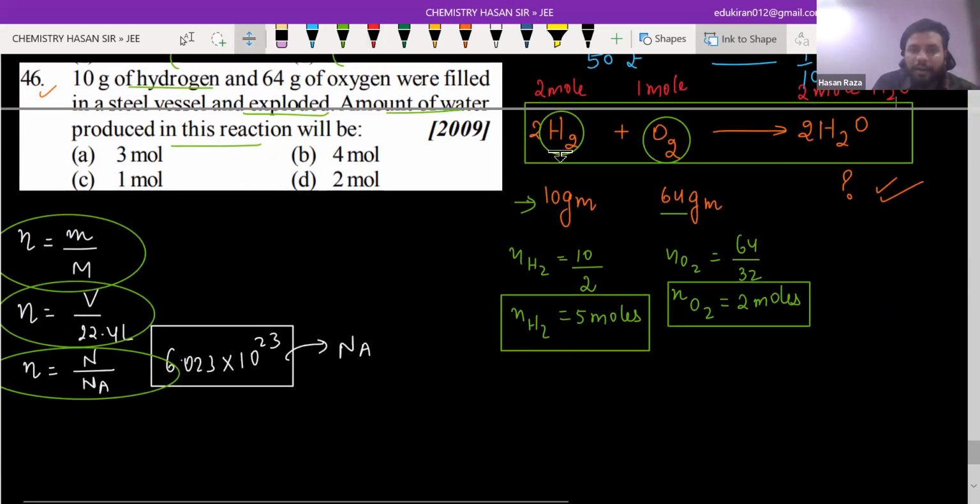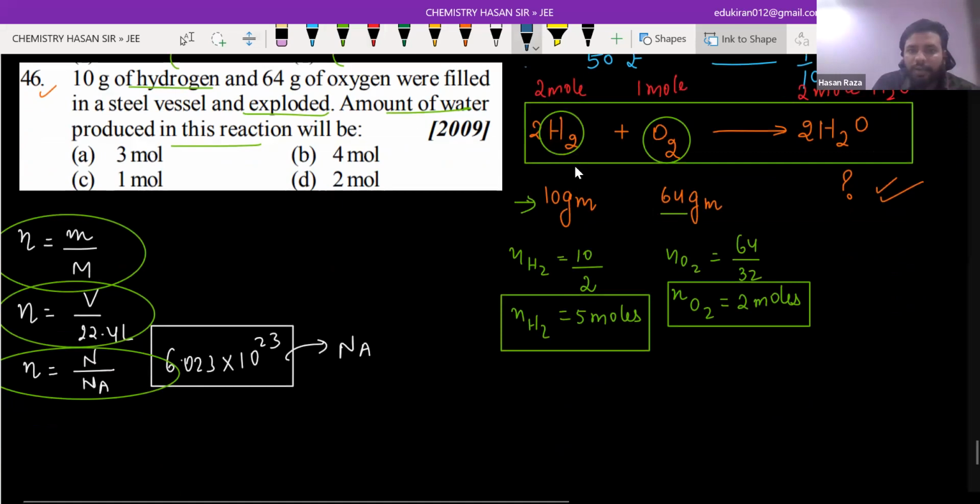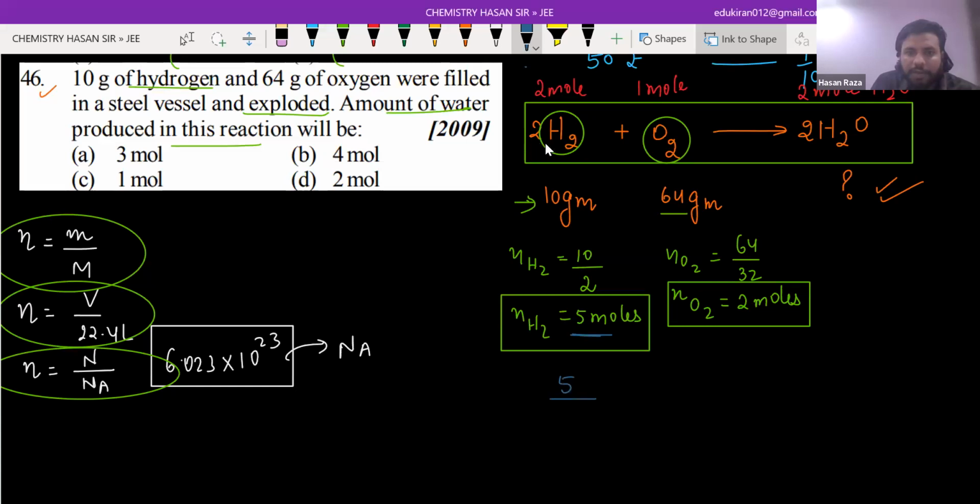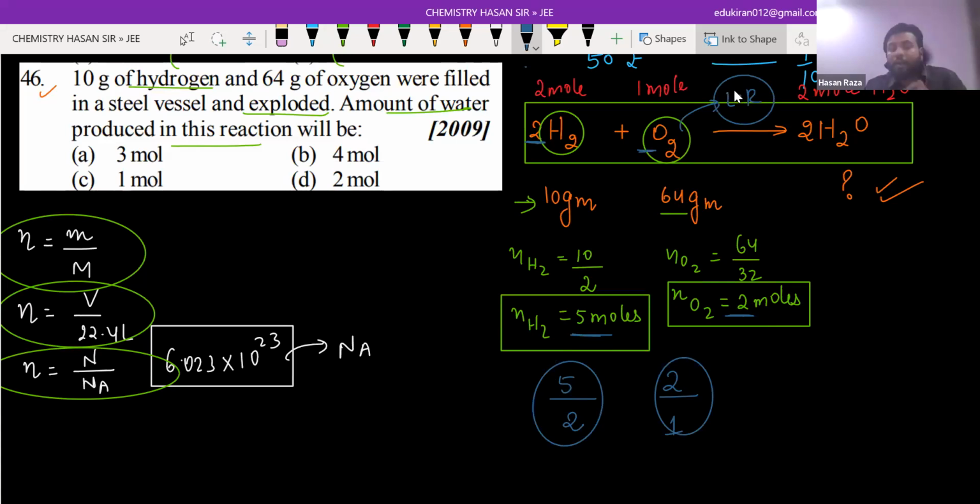You can see whatever is the number of moles, 5, divided by whatever is the number of moles in the balanced chemical equation, 2, so 5/2; and whatever is the number of moles, 2, divided by 1. You can see this is lesser, this is greater. So the one which is smaller in value will be the limiting reagent and the reaction will proceed according to that limiting reagent. The product will form according to the limiting reagent.